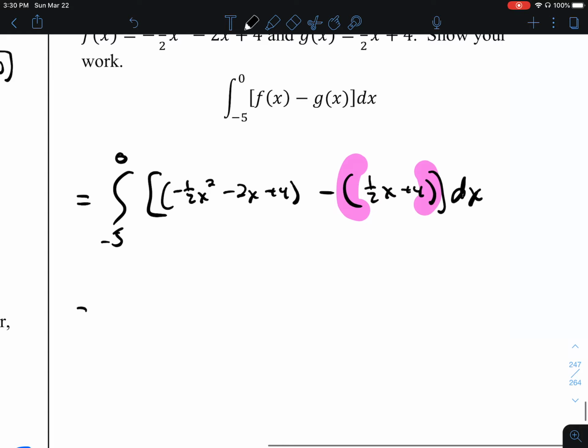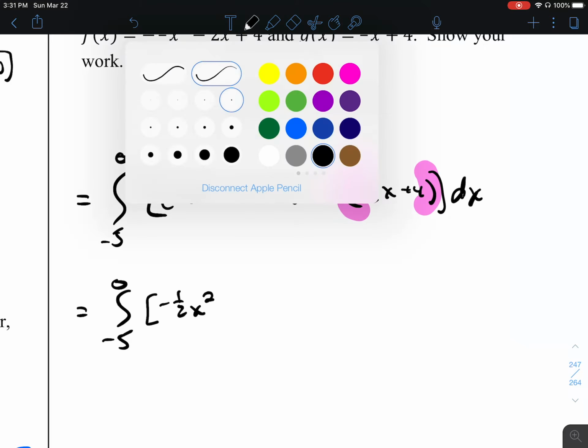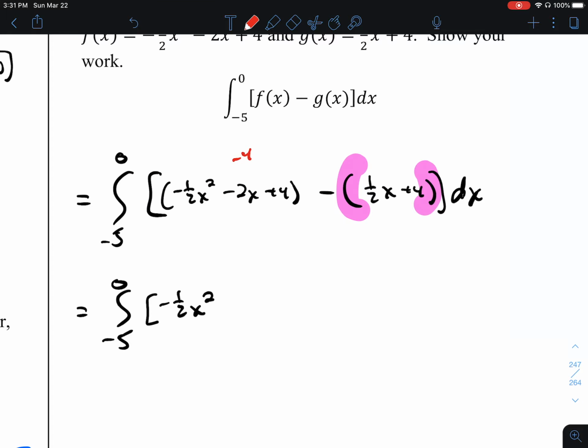Now before we integrate this, let's combine like terms. Let's get rid of parentheses. Let's see if we can make this simpler. -1/2 x squared has no like term. The minus 2x we could write as a minus 4 over 2x. I'd want to do that, so I can combine that with its like term of minus 1/2 x.